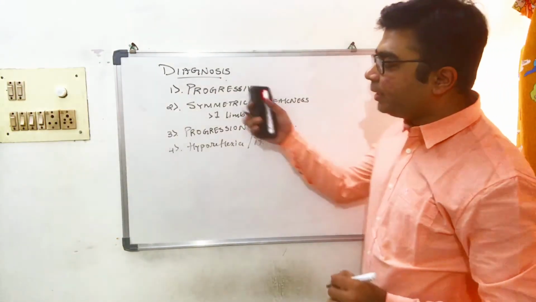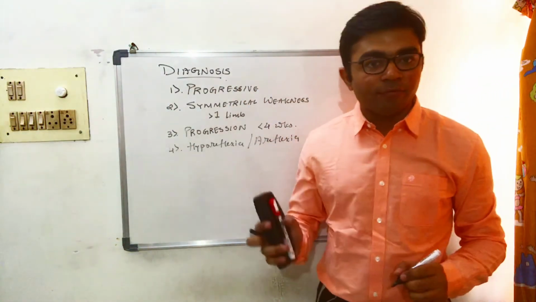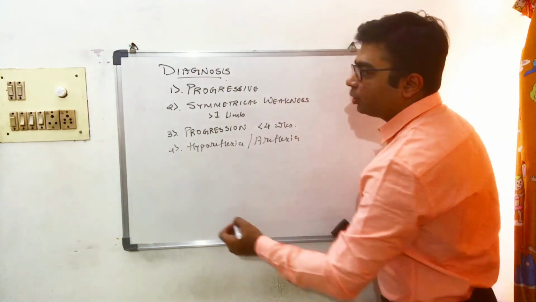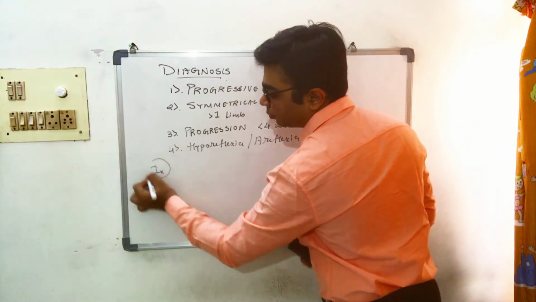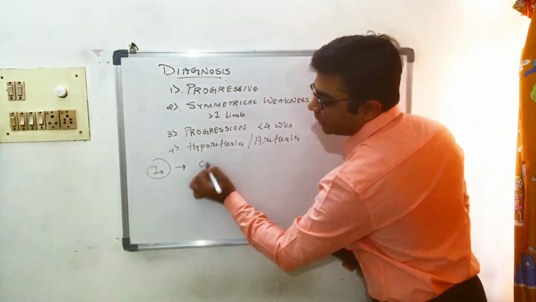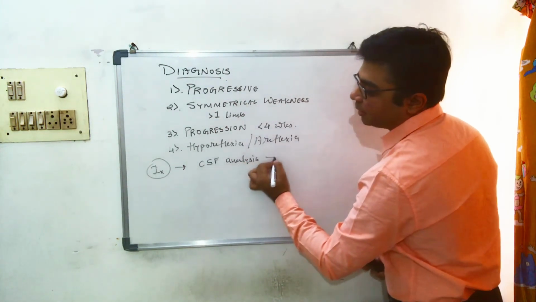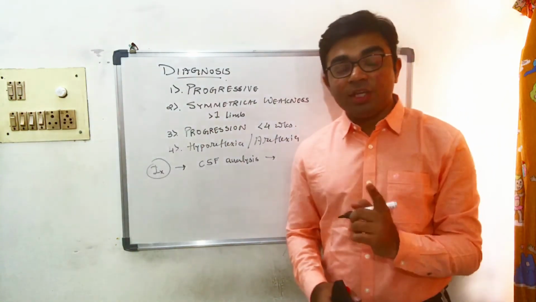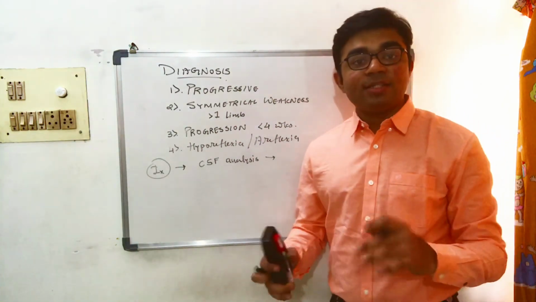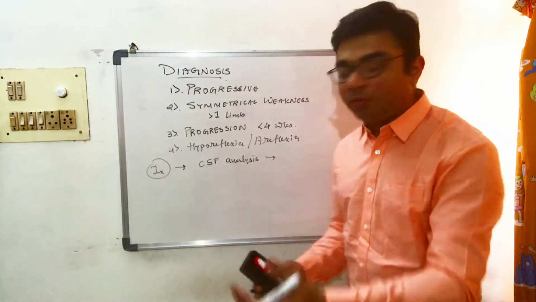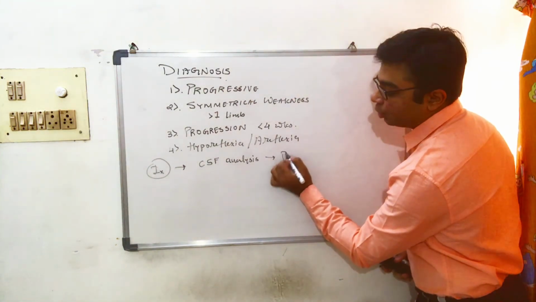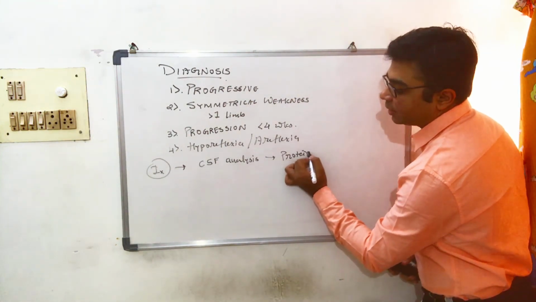Now these things are actually not enough. We need some investigations. In the investigations, first is CSF analysis, in which during the first week of the symptoms CSF may be normal, but after 1 week CSF analysis shows that the protein level is increased.